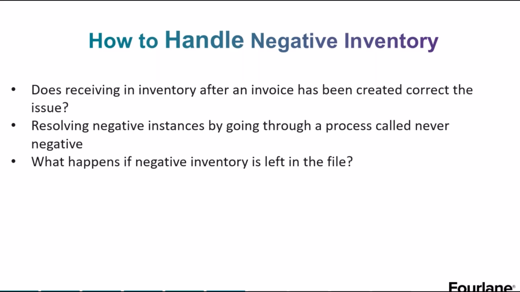What happens in that case is we go through and do a full inventory cleanup for all historical instances of negative inventory. So I'm going to take a pause there and just let us think about that. What does all historical instances of negative inventory mean?